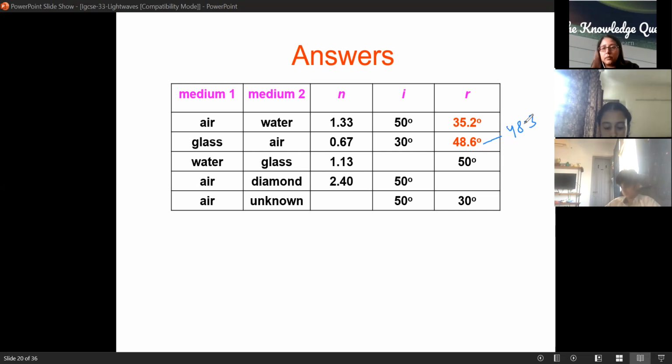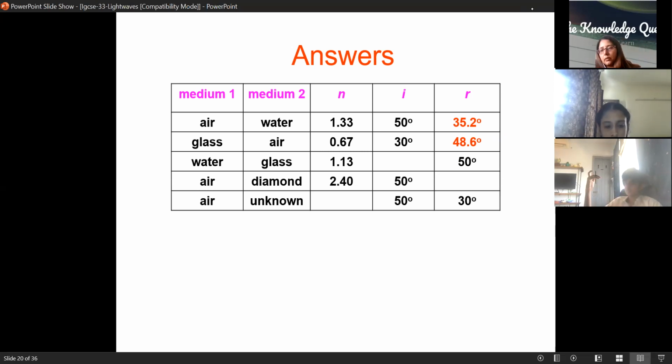Next one, tell me quickly. Shamik, tell me the value and Trisha, you tell the answer. So sin inverse of sin 50 into 1.13. Trisha, answer. Wait, could you say it again? I don't know how to put it in the calculator. Sin 50 into 1.13.